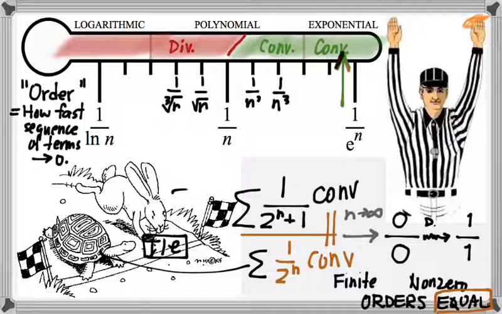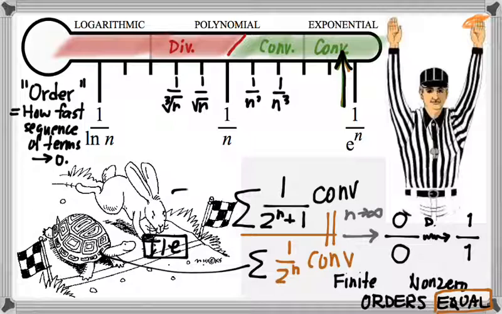In other words, both of these runners belong in the same spot on our order thermometer. They both belong to that convergent category of geometric series up there at the top. We cannot say what this series converges to, but we can say for sure that it converges based on this comparison of orders. So L'Hopital's rule can help us to do this.